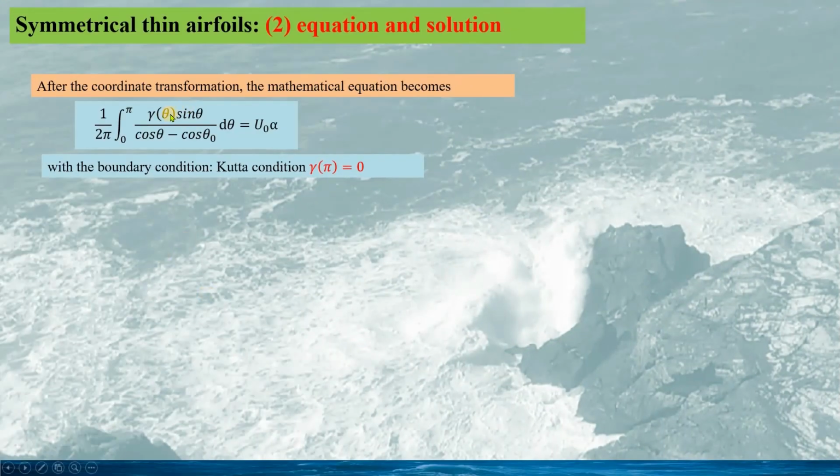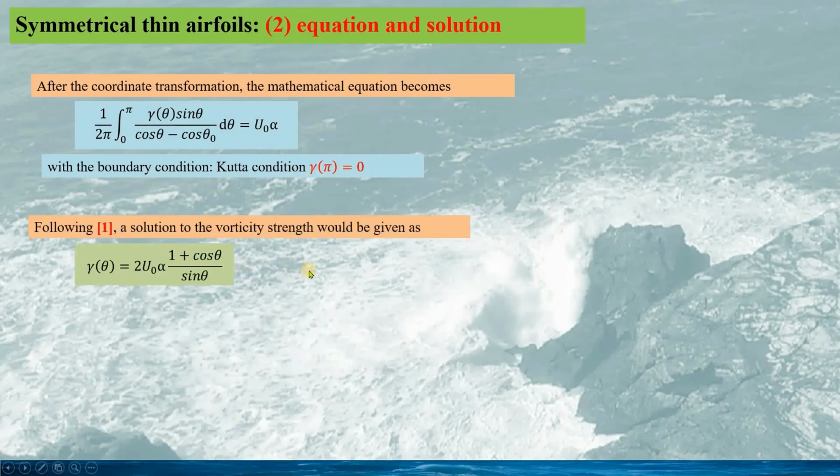After the coordinate transformation, the mathematical equation becomes as this, and the corresponding Kutta condition is given by this. So following the reference, a solution to the vorticity strength can be given in this form. This was first obtained by Munk in 1922.